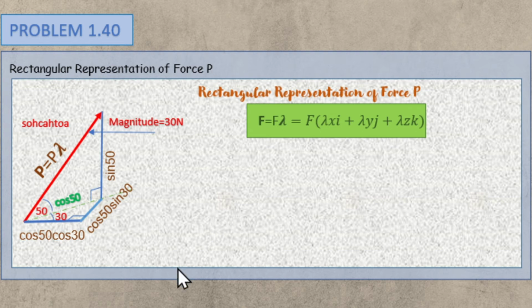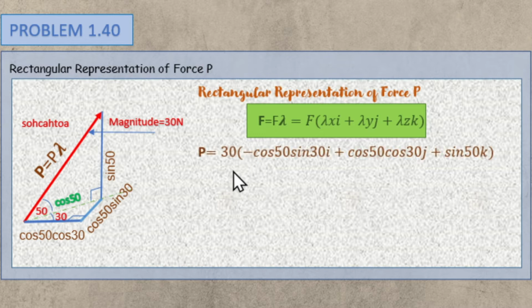We can now substitute these values to our formula. So this will be 30 quantity negative cosine 50 sine 30 plus cosine 50 cosine 30 plus sine 50. But why is this cosine 50 sine 30 negative? This one is negative because this is actually on a negative side of our x-axis.